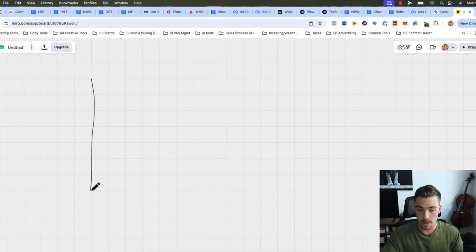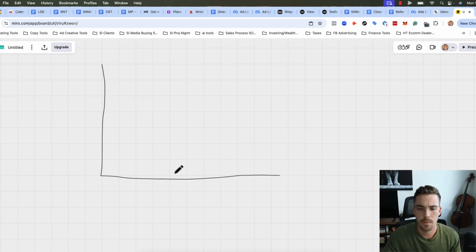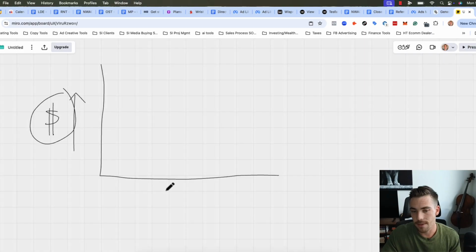So if we draw this as a graph, this is the level of scale, how much we're spending on ads in a day. Like this is daily spend. And this is how many ad creatives.